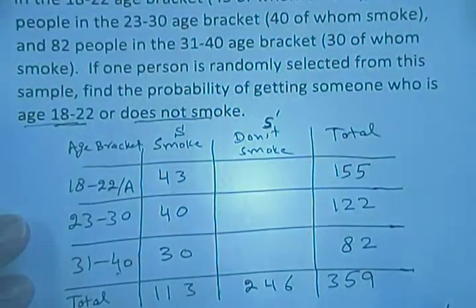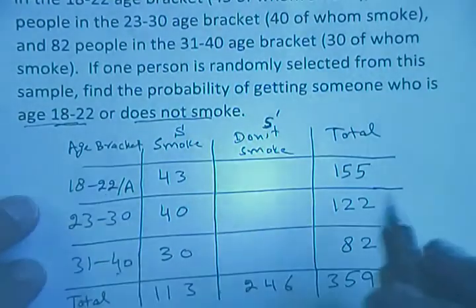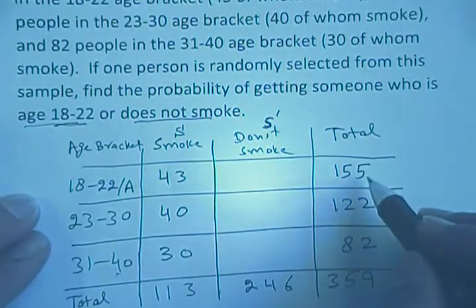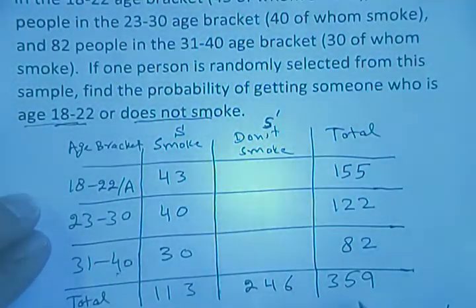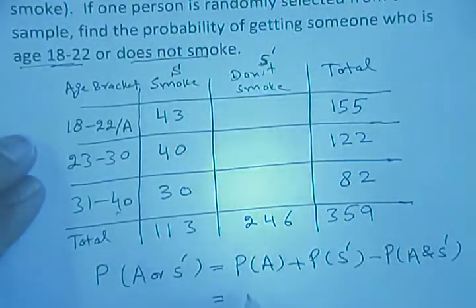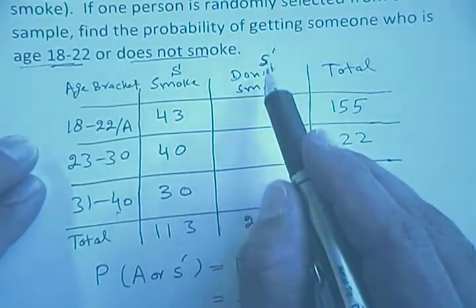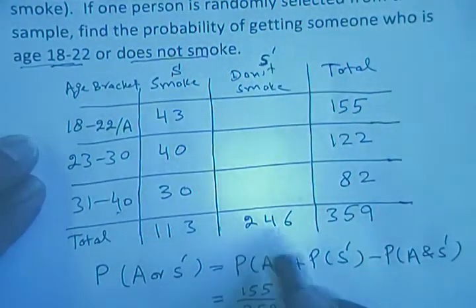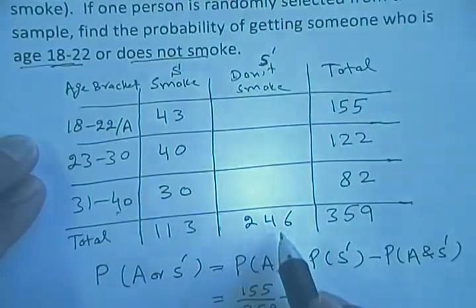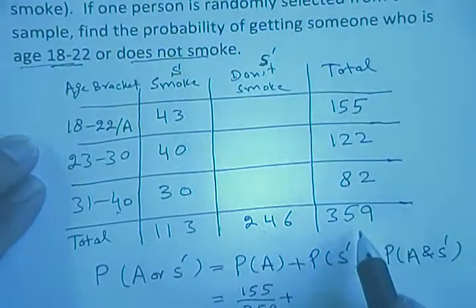Probability of A is representing this group, and in this group total are 155 people out of 359. So we would say 155 out of 359, plus the probability of people who do not smoke. As complement, this column here, there are a total of 246 who do not smoke out of 359.